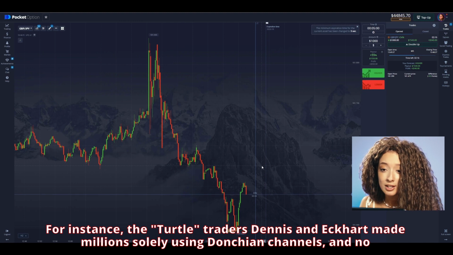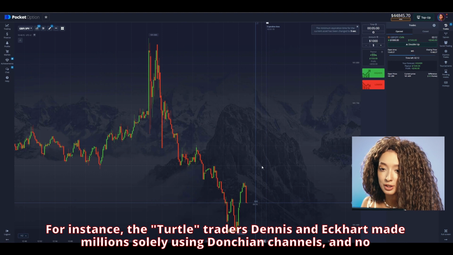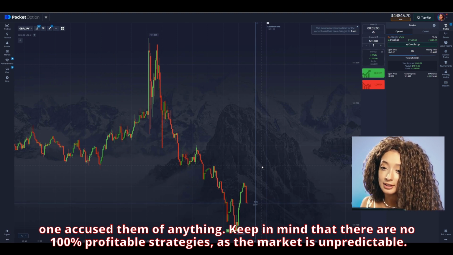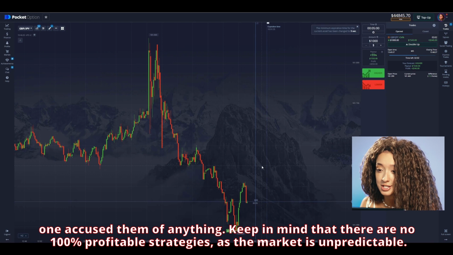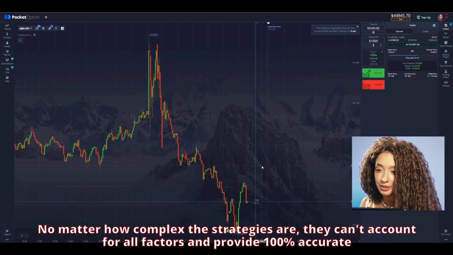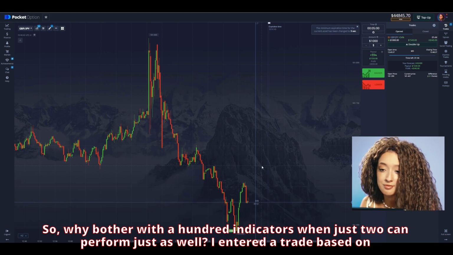For instance, the chartist traders Richard Dennis and Bill Eckhardt made millions using Donchian channels, and no one accused them of anything. Keep in mind that there are no 100% profitable strategies, as the market is unpredictable. No matter how complex the strategies are, they cannot account for all factors and provide 100% accurate forecasts. It's easier to use simple strategies, and they can also be profitable. So why bother with 100 indicators when just 2 can perform just as well?